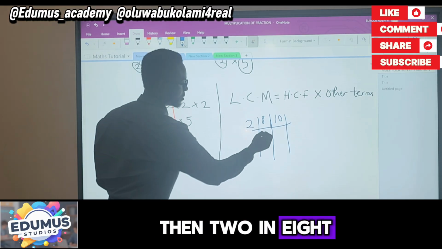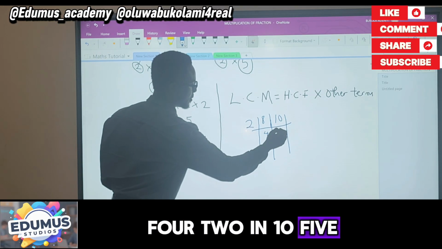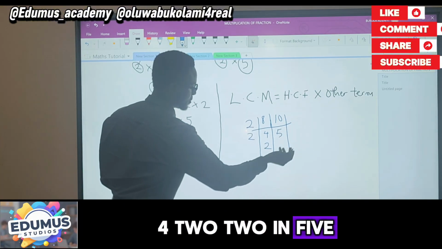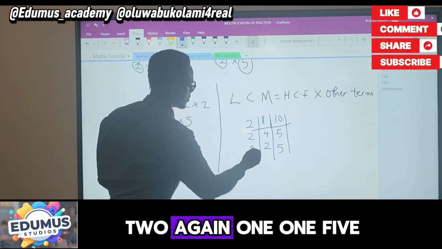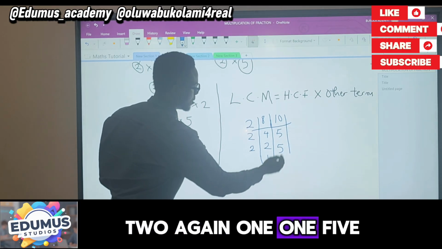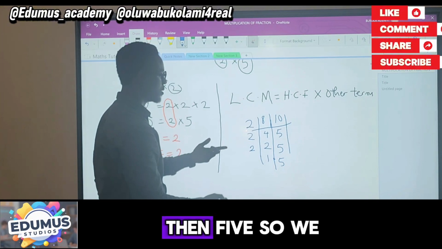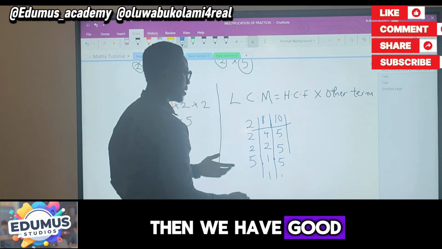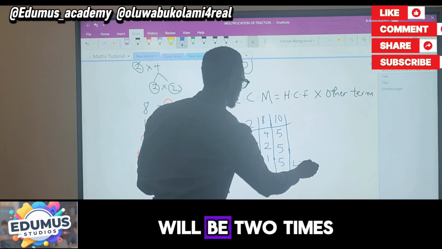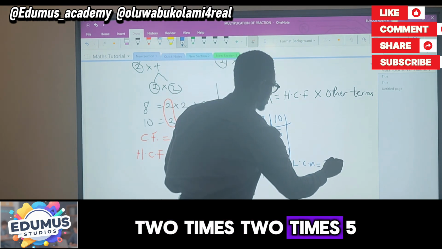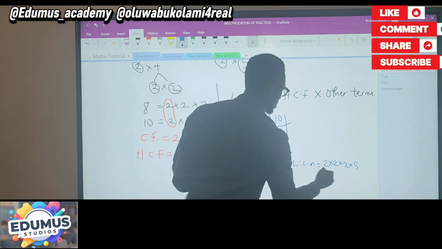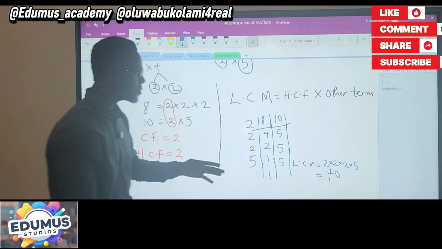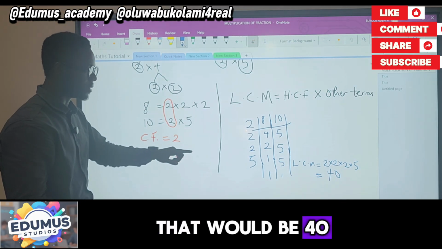And then 2 in 8, 4. 2 in 10, 5. 2 again. 2 in 4, 2. 2 in 5. 2 again. 1. 5. So we know it's 5. And then our LCM will be 2 times 2 times 2 times 5. And that will be 40.